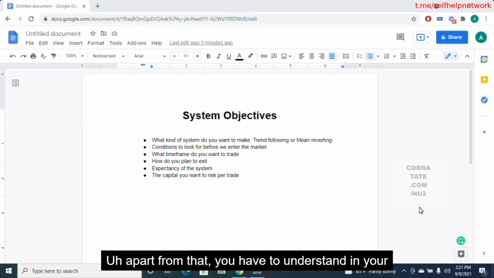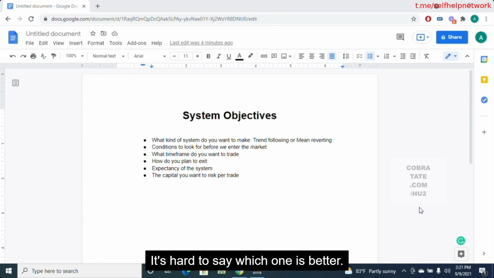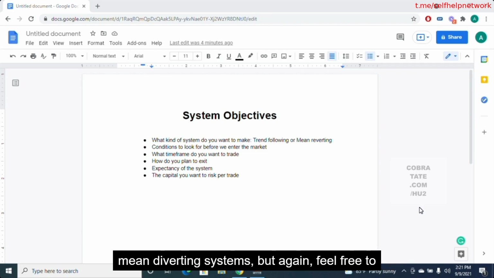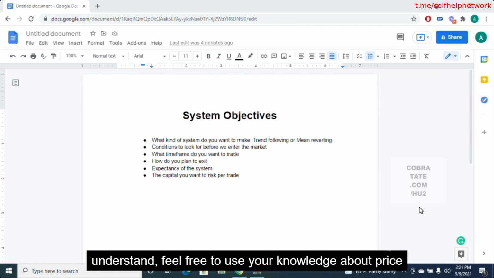Apart from that, you have to understand what you are really comfortable with in your personality. It's hard to say which one is better. I personally choose trend following because I have found that it allows you to compound your gains a lot faster than mean reverting systems. But again, feel free to use your knowledge about price movement to decide which one you would like better.